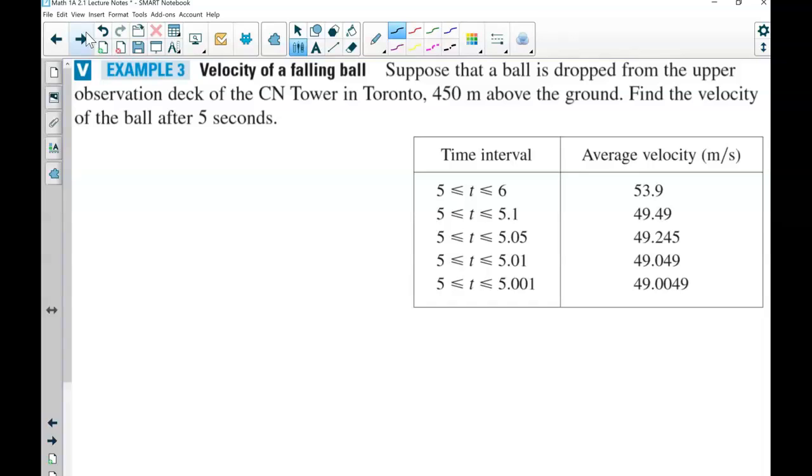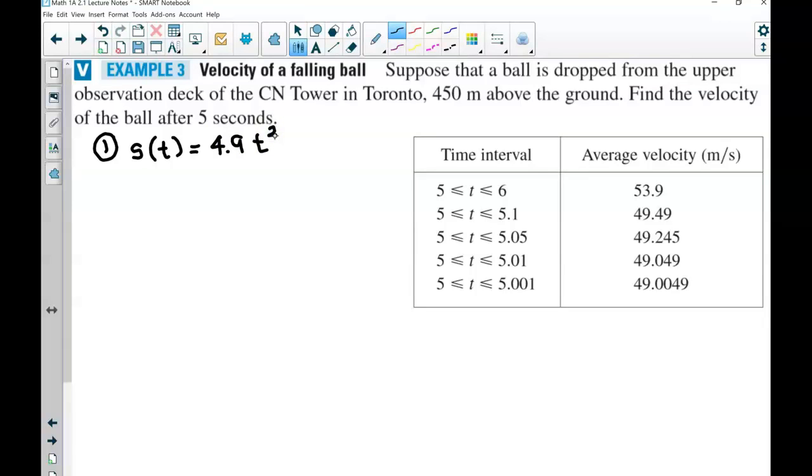This is given information that we need when talking about the velocity of a falling object. So make note that s of t is equal to 4.9 t squared. Again, that's given information.